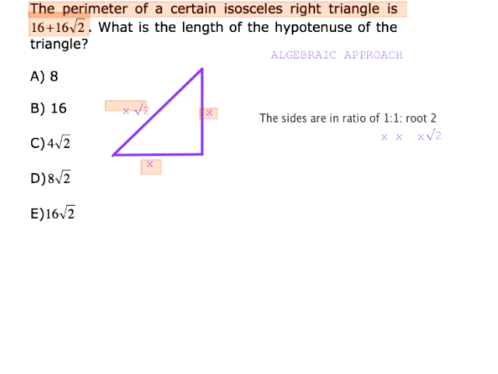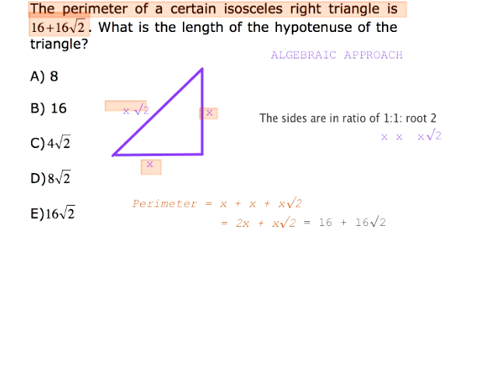The perimeter is going to be x plus x plus x square root 2. So that's 2x plus x square root 2, and that's going to equal the number that they tell you it equals.